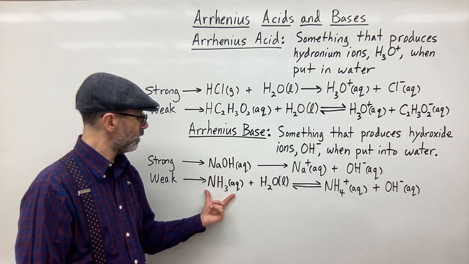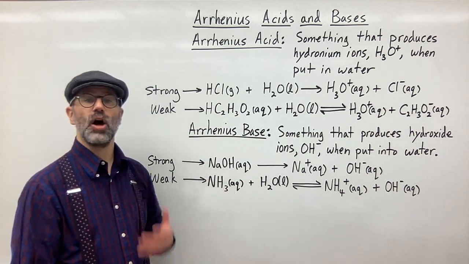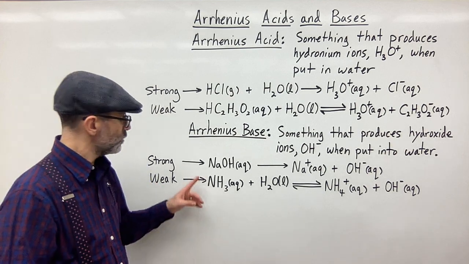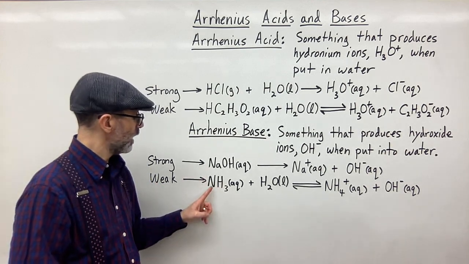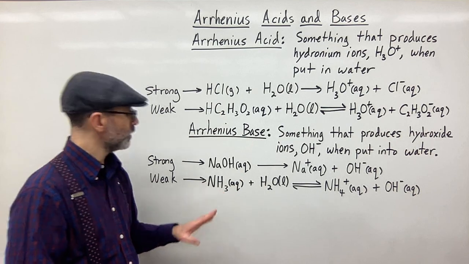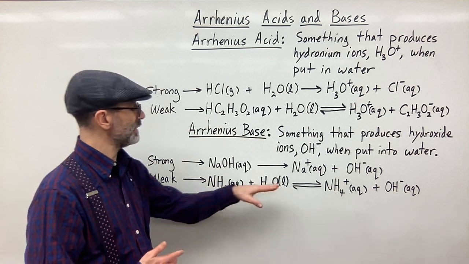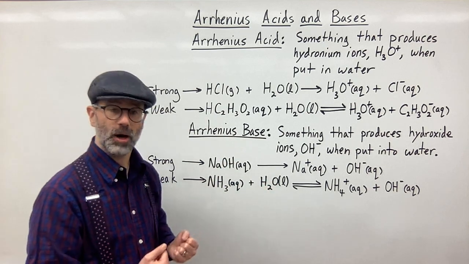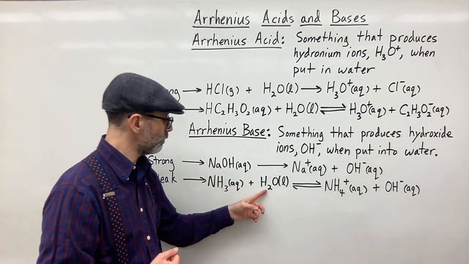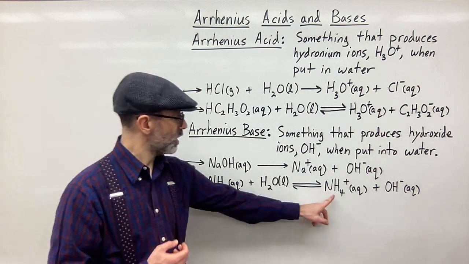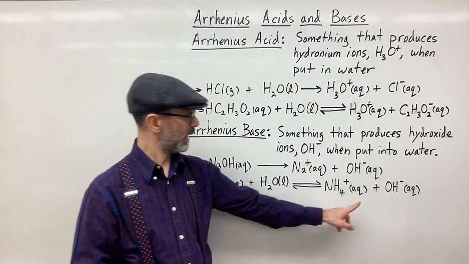Also, ammonia here, NH3, is also a base according to the Arrhenius definition for the same reason. If we take NH3 ammonia and put it in water, the ammonia is going to react with the water by taking a hydrogen away from the water. So NH3 gains hydrogen, becomes NH4 plus aqueous.